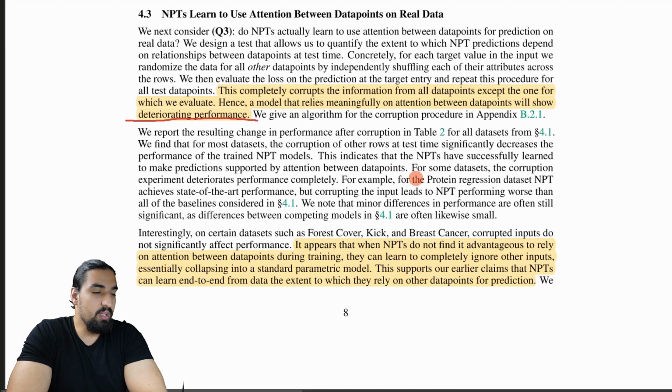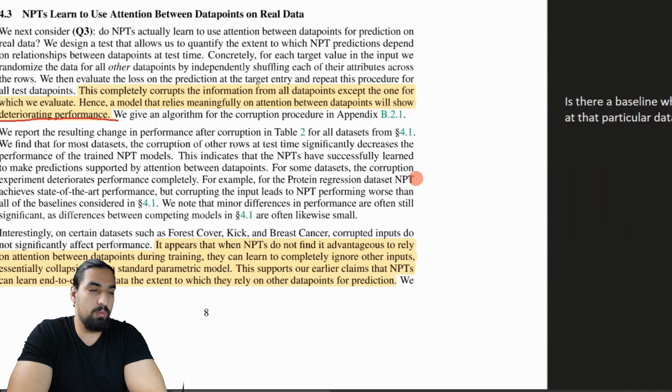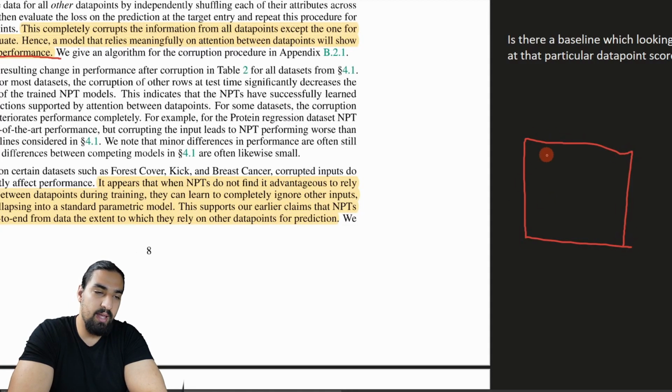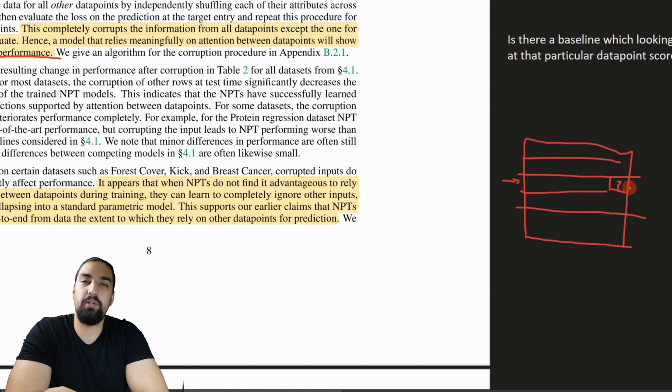So let me just explain what they actually did. We have a data set here with a bunch of data points, and let's say we want to predict this value here. This is the data point for which we want to predict the class.